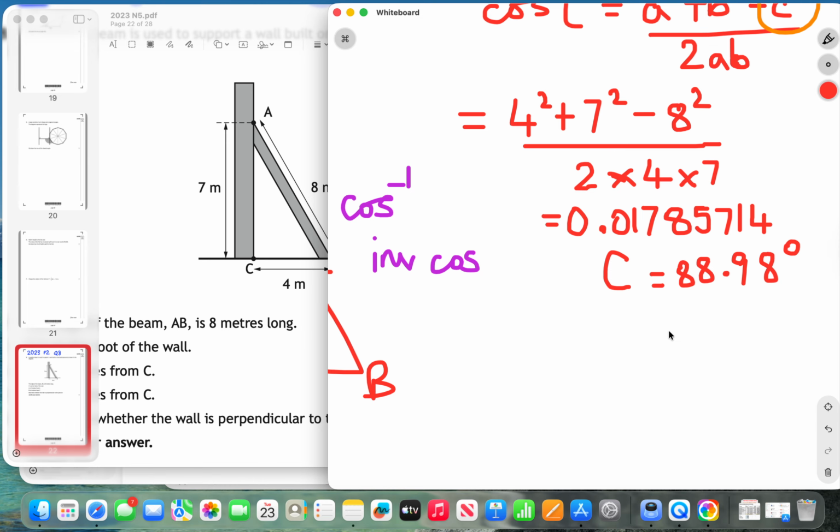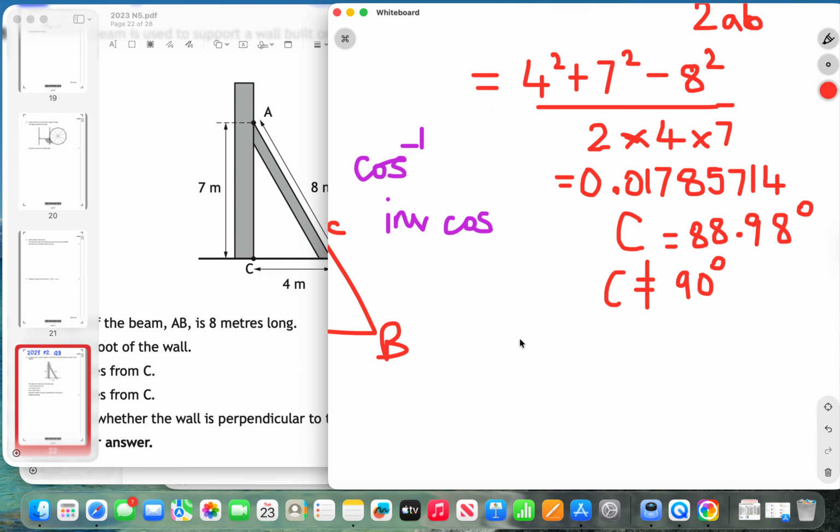And then angle C is not equal to 90 degrees. And we then say that the triangle is not right angled.